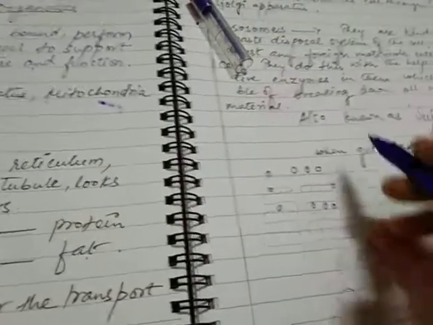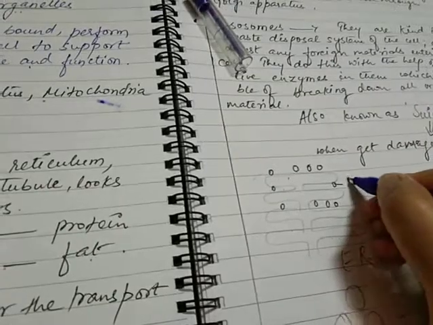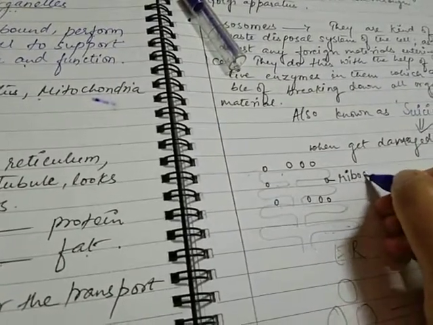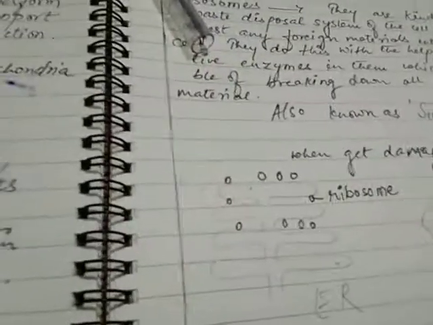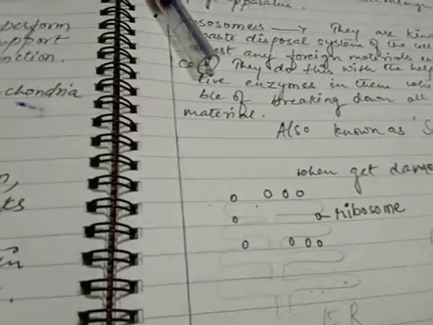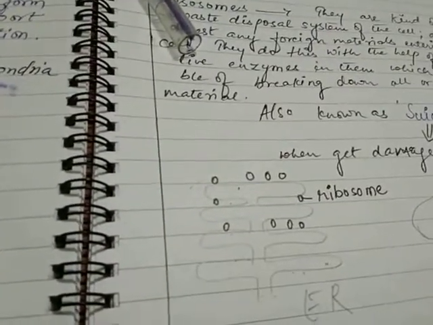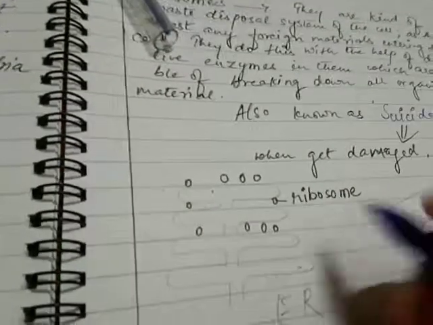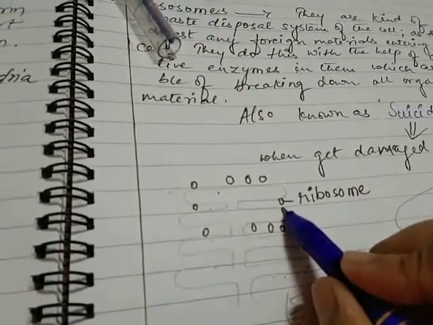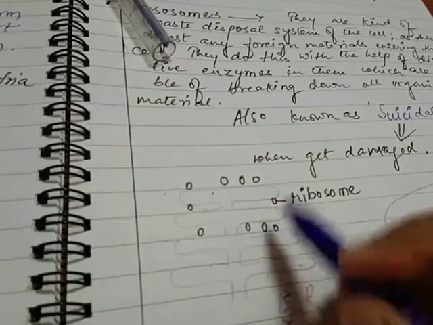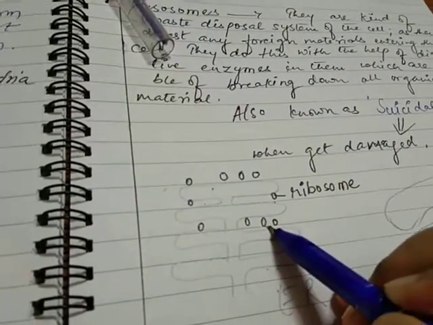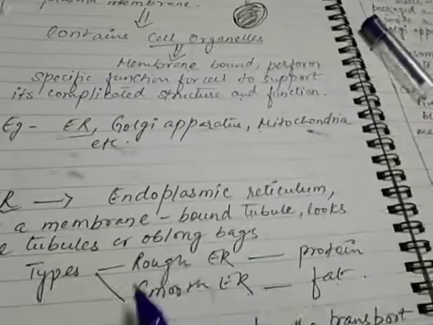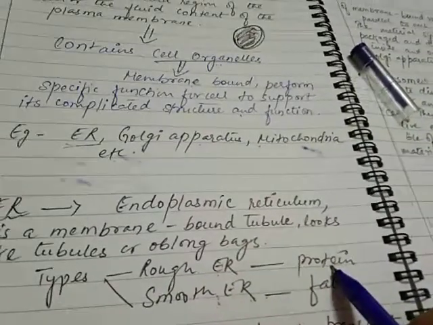And these additional structures are nothing but ribosomes. I have already discussed the function of ribosomes when we were studying the nucleus. There I told you that ribosomes are the protein factories of the cell. Hence, the endoplasmic reticulum which has ribosomes on its surface, that is the rough endoplasmic reticulum, synthesizes protein for the cells.